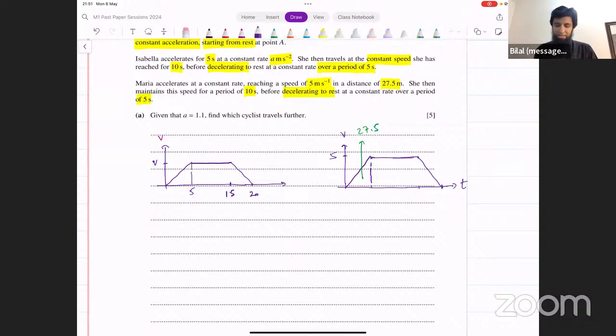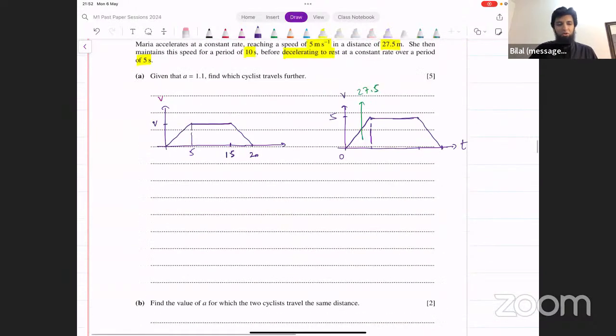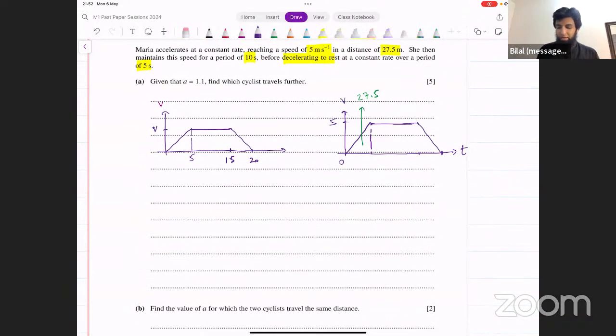Okay. Now, since this is 27.5, can you find the value of time for this? Now, you would have done most of this in the first part already, so don't think that it's too much for 2 marks, because you've done most of this work in the first part already. Now, how do you find this point? You can say area of this part, half into t into 5.